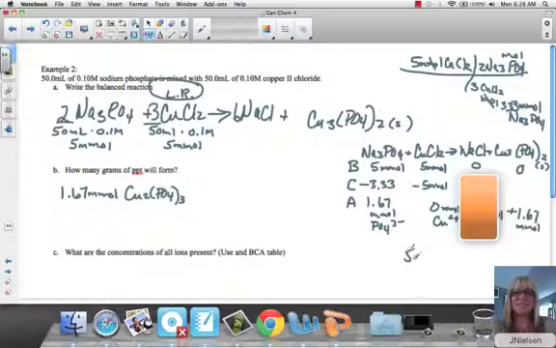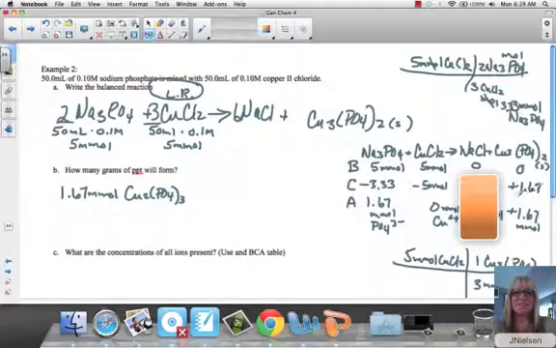So if I have 5 millimoles of CuCl2, that's my limiting reagent, and I have 3 CuCl2 in my equation, and I'm forming 1 Cu3(PO4)2. So basically 5 divided by 3 is 1.67, and that's how I got that over here. So we can do this 1.67 here, which means that the net is 1.67.